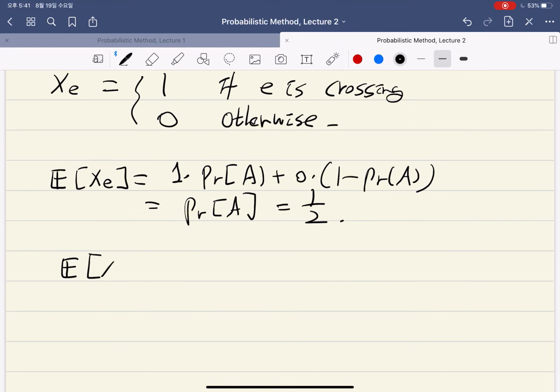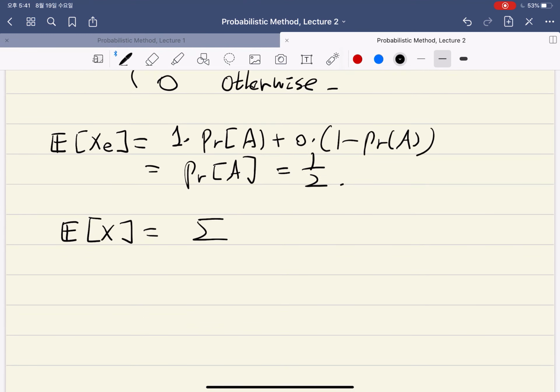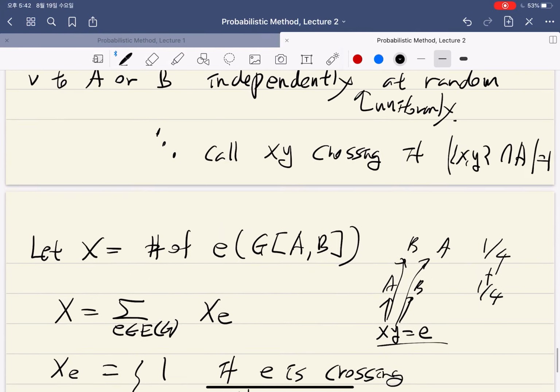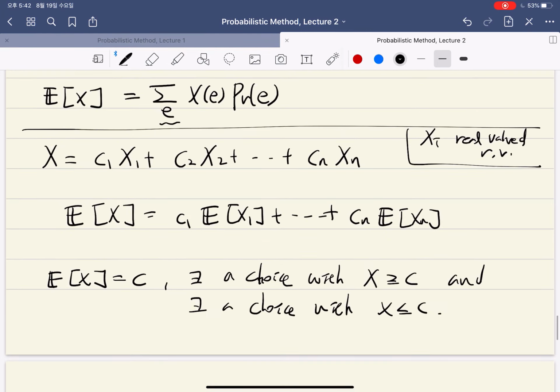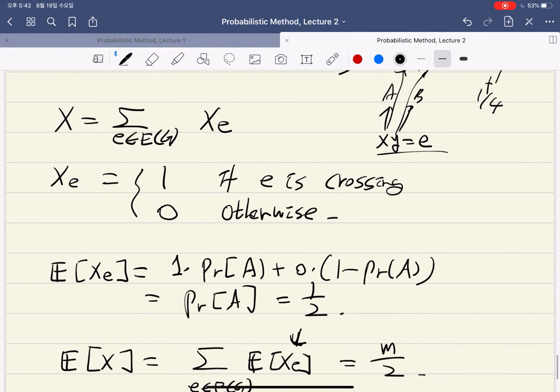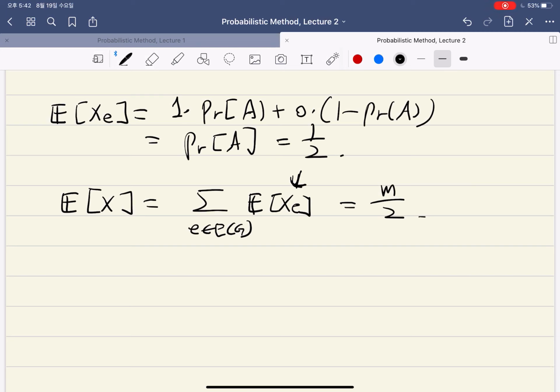By the linearity of expectation, it doesn't matter whether each summand of these random variables is independent or not. This is always true. And that's M over 2. Then, by the above property, there is always a choice which does as good as the expectation.